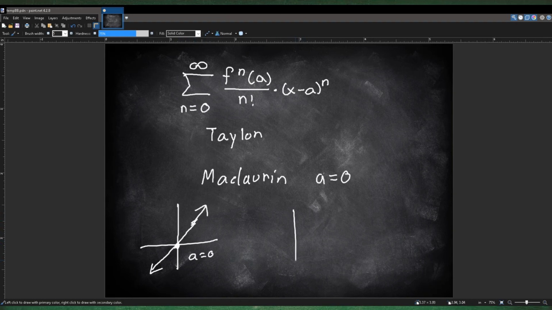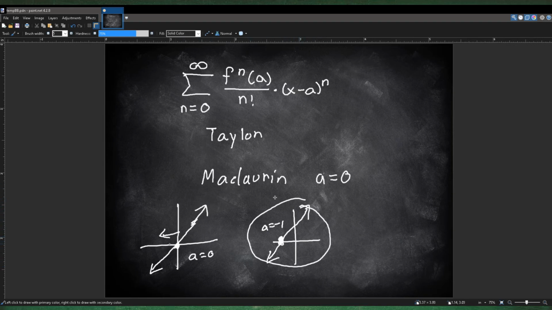But imagine that the equation we want is centered at A equal to -1, so this point right here is (-1, 0). Instead of having a Taylor series that looks exactly like it but in a different place, we could shift that Taylor series over to the left and make it into this equation.